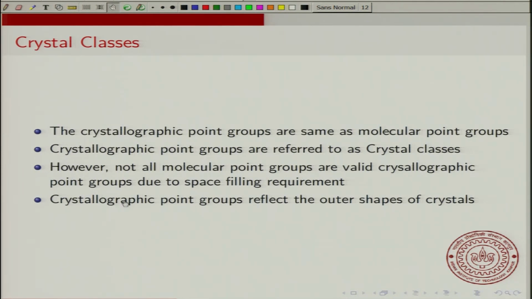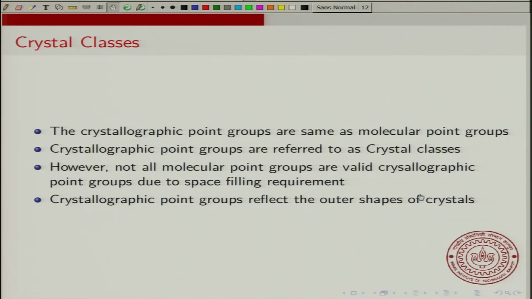Now there is another point which I am not going to talk too much about, but basically these crystallographic point groups reflect the outer shape of crystals, and this has to do with a rather subtle theorem regarding the shapes of crystals.